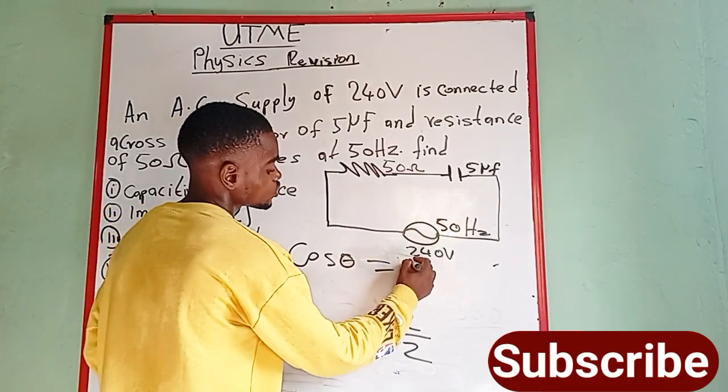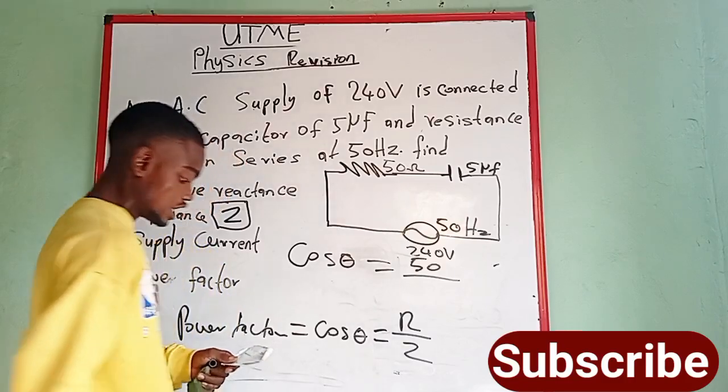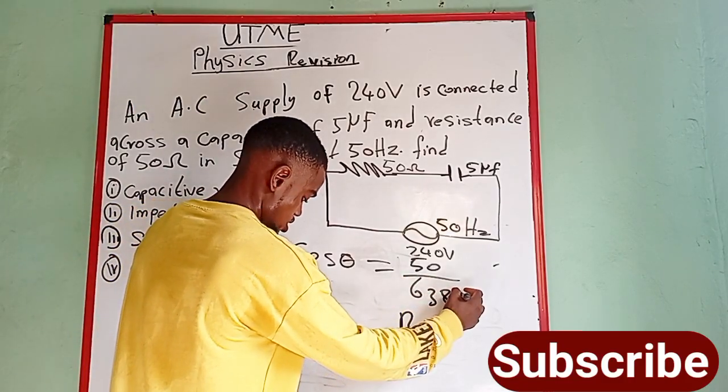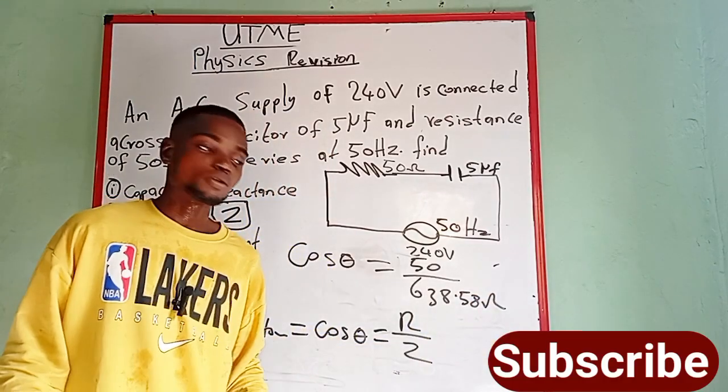R is the resistance, which we have as 50, and the impedance we got to be 638.58. That's what we got as impedance, you remember.